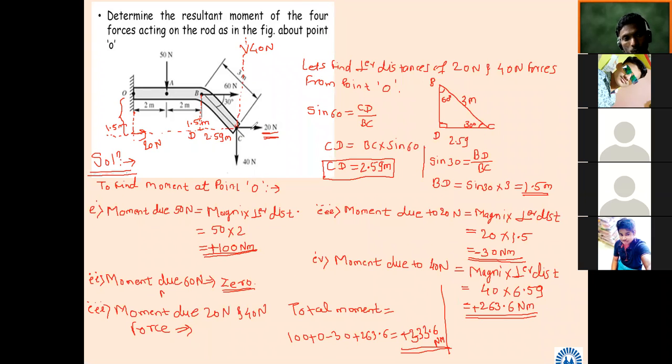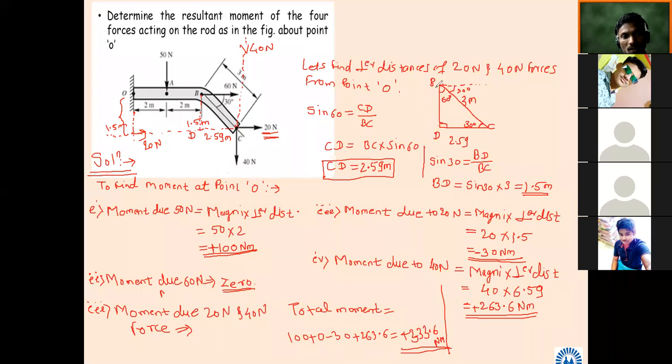Then we went to the 20 Newton and 40 Newton forces. But the perpendicular distance is not directly given. So we constructed one triangle BDC, in which one angle is given, 30 degree. If I draw a dotted line here, that angle is given, something like this, this angle is 30.